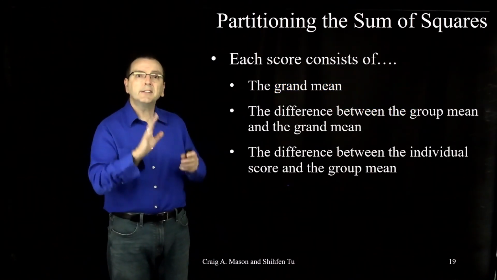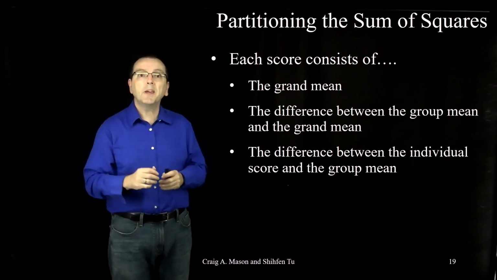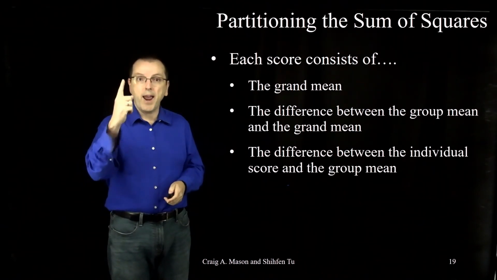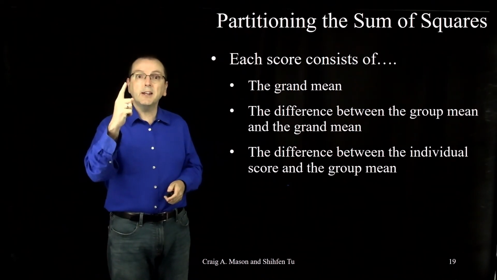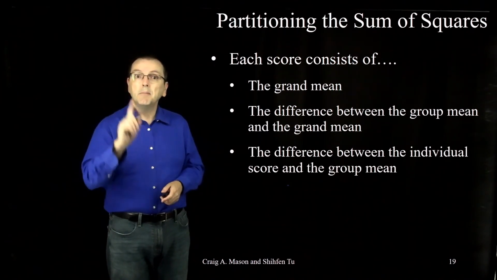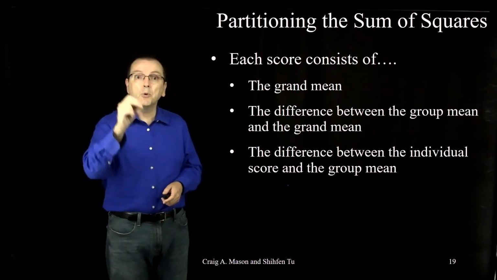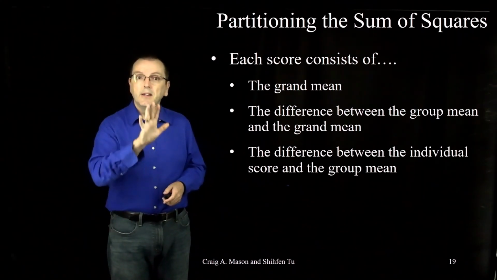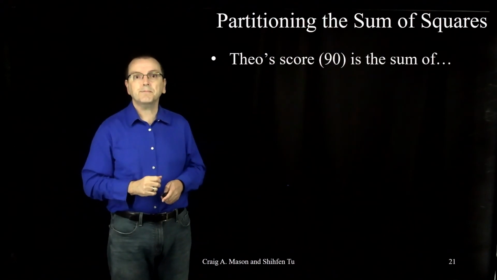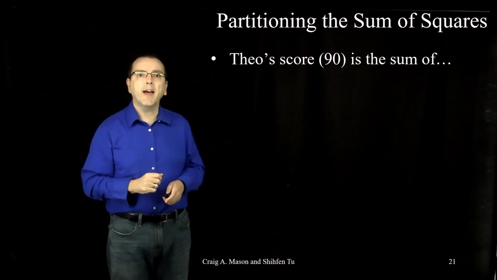Now, reflecting this, you can think of any individual student's score as being the sum of these 3 different pieces. The grand mean, plus the difference between their group mean and the grand mean, plus the difference between their individual score and the group mean. To illustrate that, let's take a look at Theo's score. Theo scored a 90, we saw that.